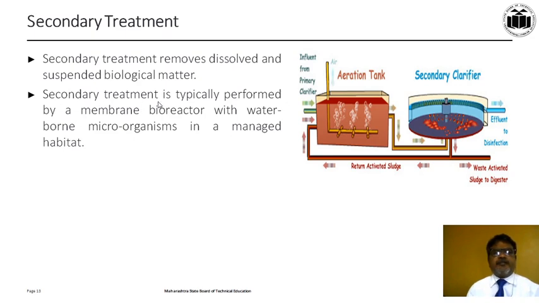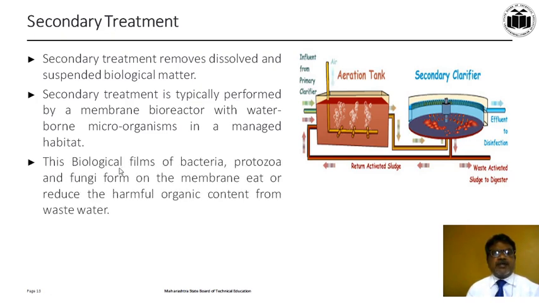Secondary treatment is typically performed by a membrane bioreactor with waterborne microorganisms in a managed habitat. The biological film of bacteria, protozoa and fungi forms on the membrane, and eats or reduces the harmful organic content from the wastewater.